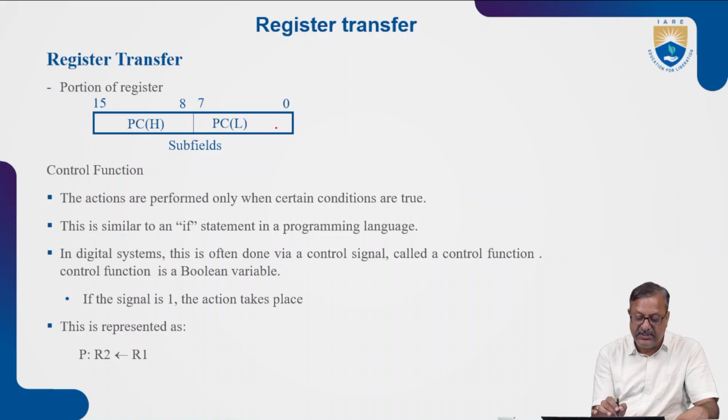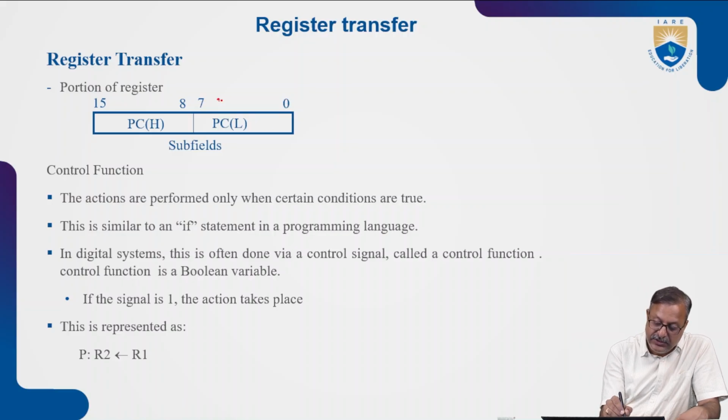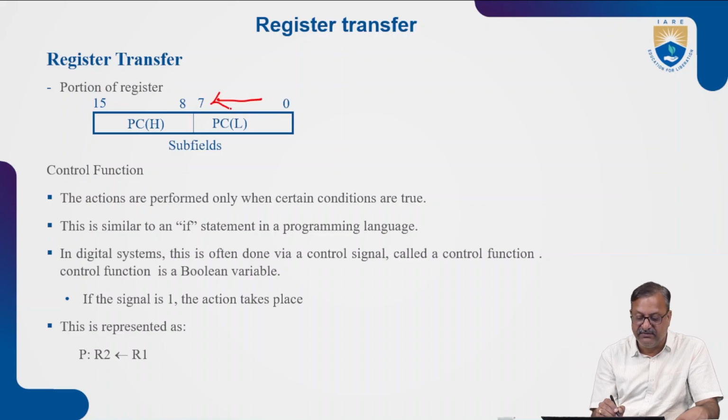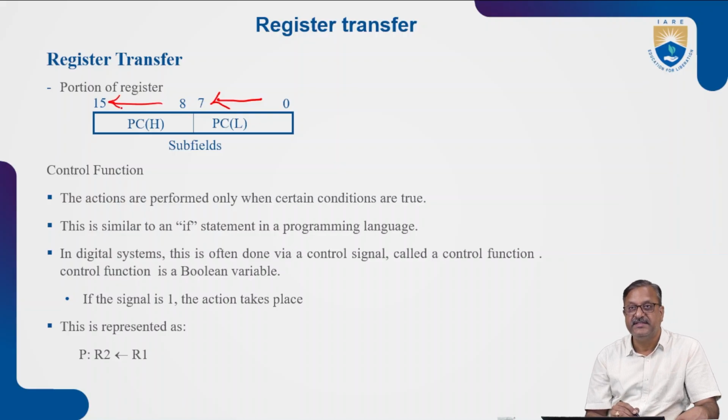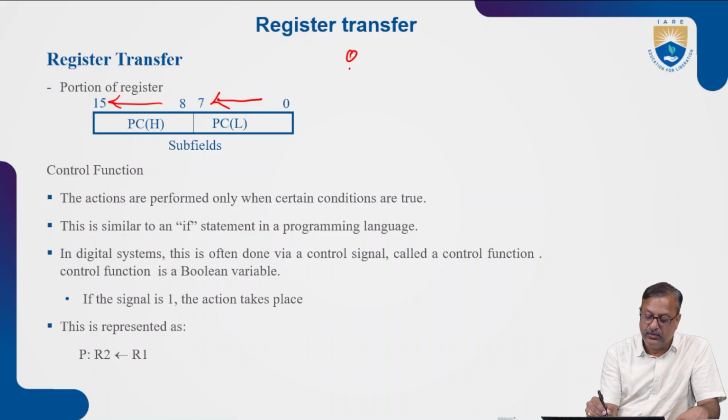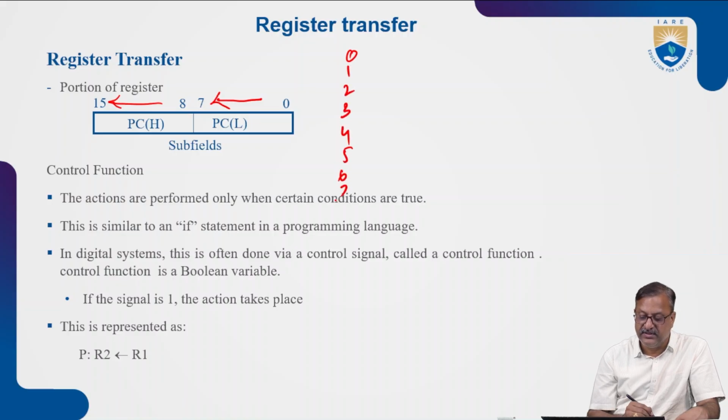If it's a 16-bit register, you can see here 0 to 7 is taken as 1 byte. Next is 8 to 15, taken as another byte. 0 means 0, 1, 2, 3, 4, 5, 6, 7. In this way, 8 bits. Now it is taken as 8-bit data.